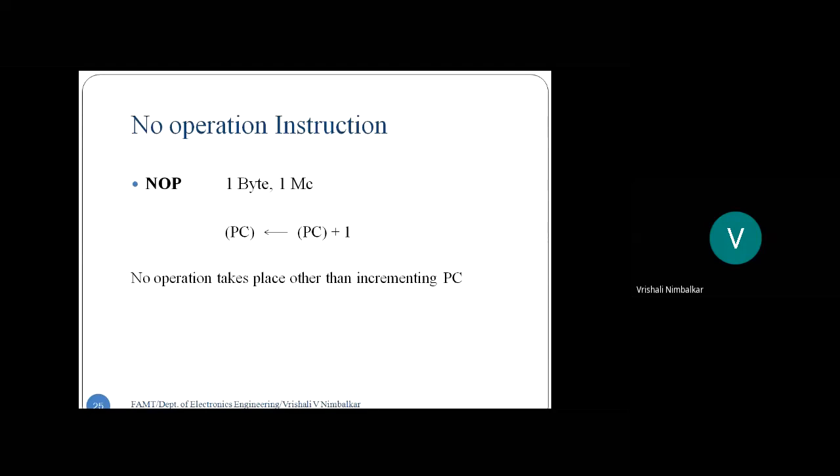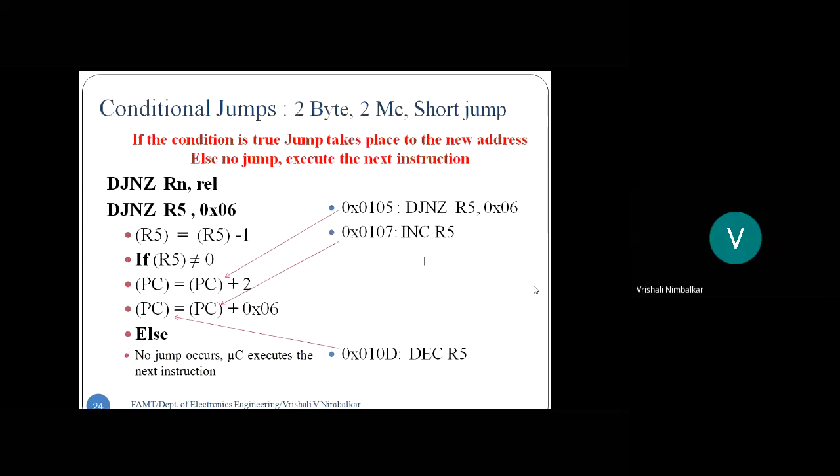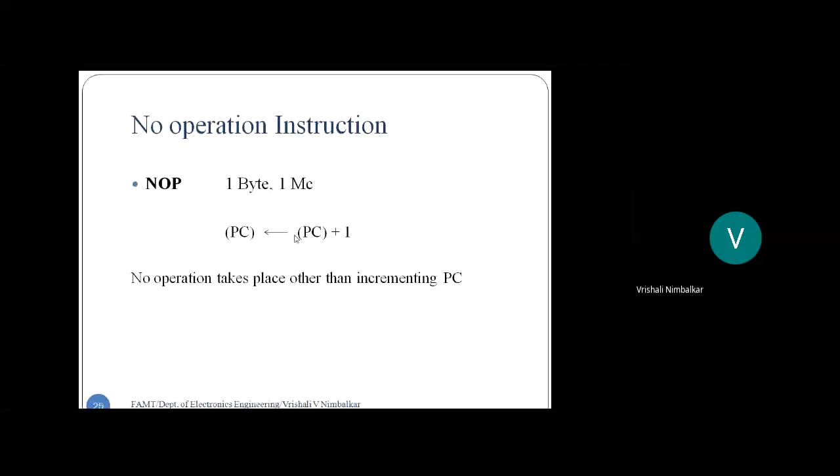NOP has 2 uses: creating delays and, right in between the programs, inserting new instructions. Okay, students? So that's where we complete DJNZ, jump, conditional jump, unconditional jump, and so on.